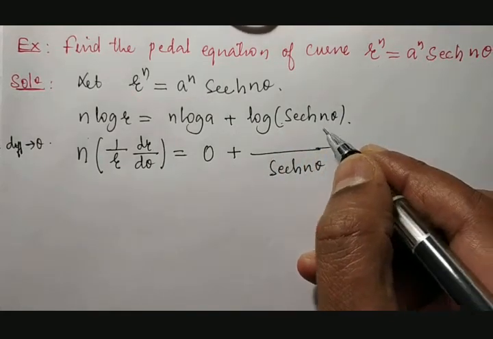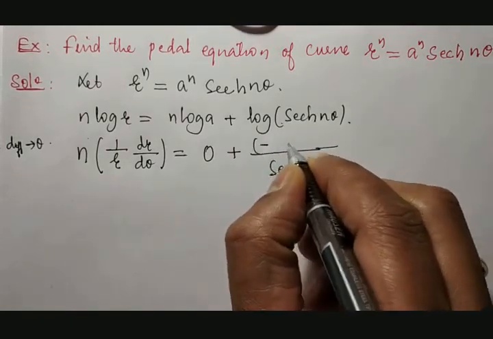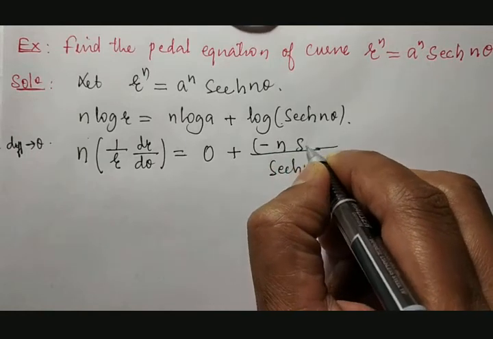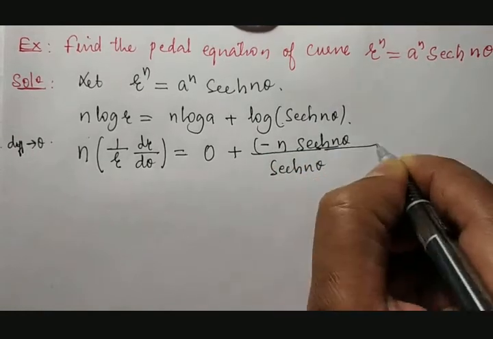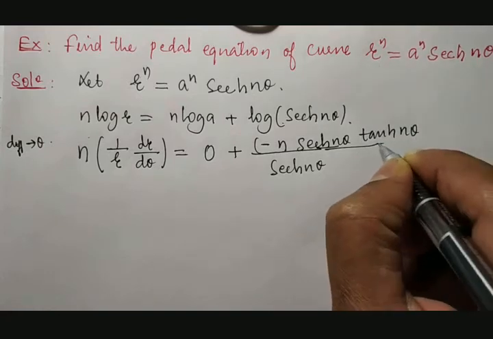Differentiation of sech n theta is minus n into sech n theta into tanh n theta.